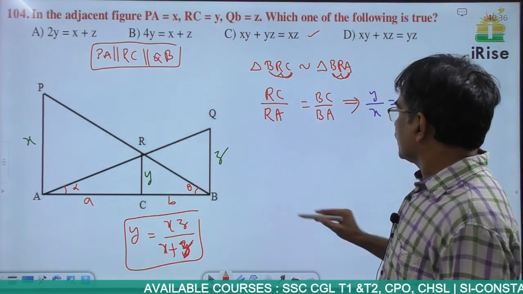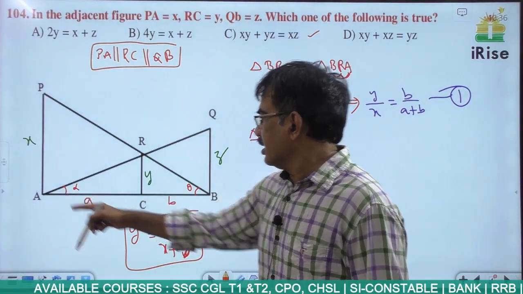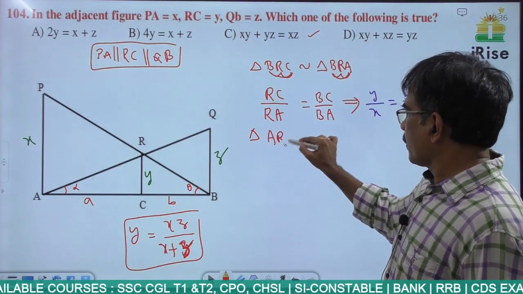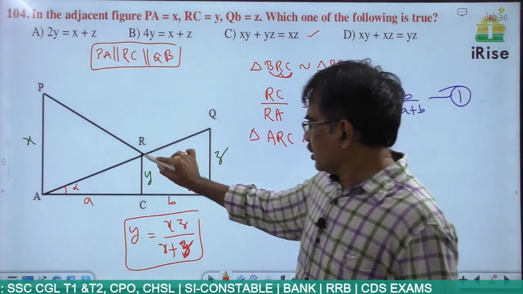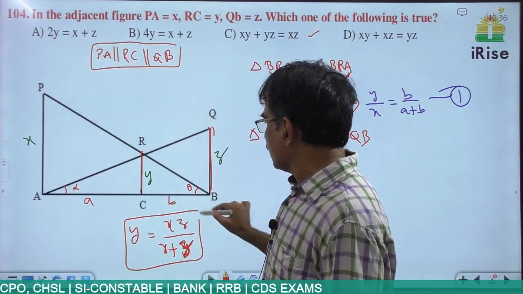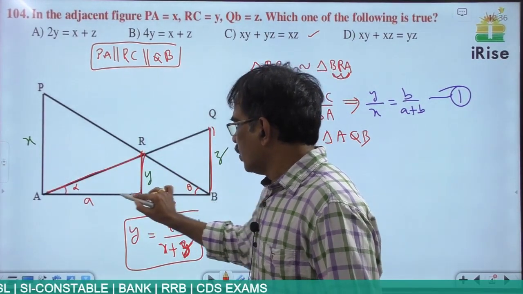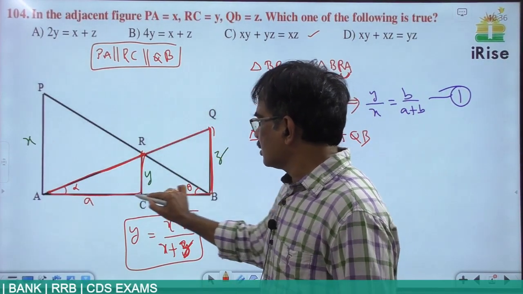Next one, consider this triangle ARC, which is similar to triangle AQB. Because this line is parallel to this line, this triangle and this total big triangle are similar triangles.